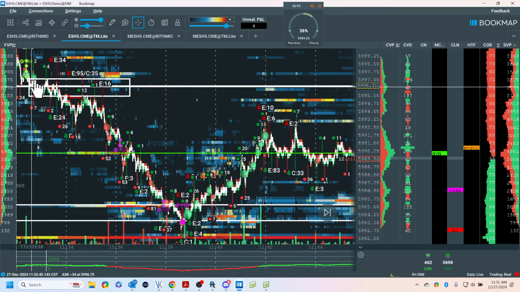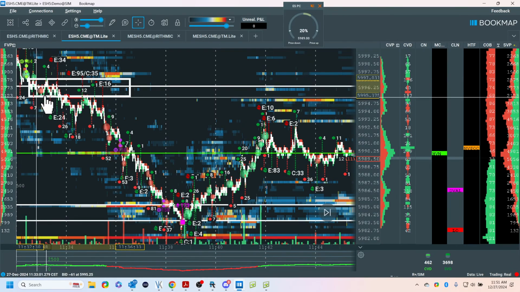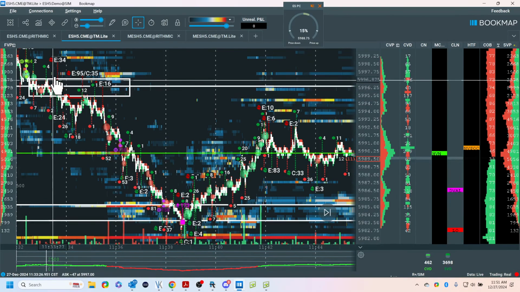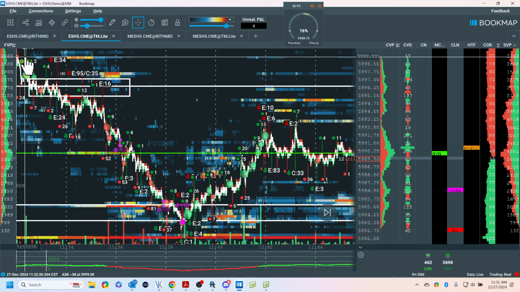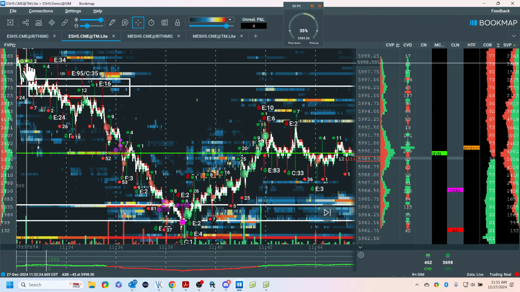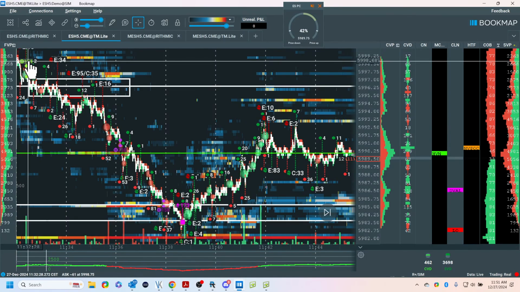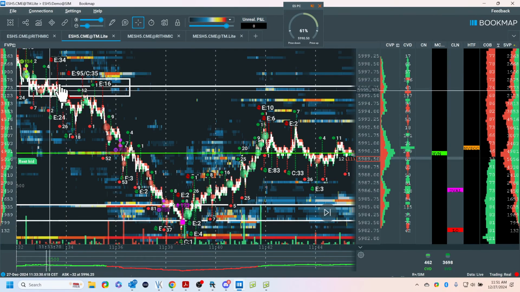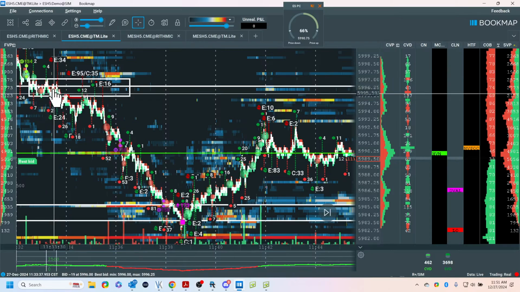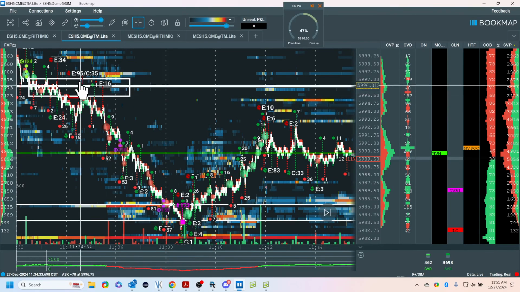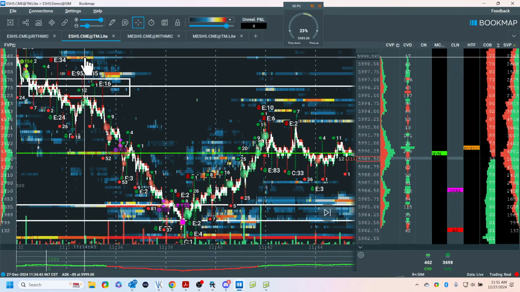What is this? Sellers are here. Buyers are here. Chop, chop, consolidation. Sweep here, which suggests the possibility of a reversal. So I have the sweep. I have the consolidation. Sellers, buyers, break low, trigger. This is a short. Stop could be there or there.